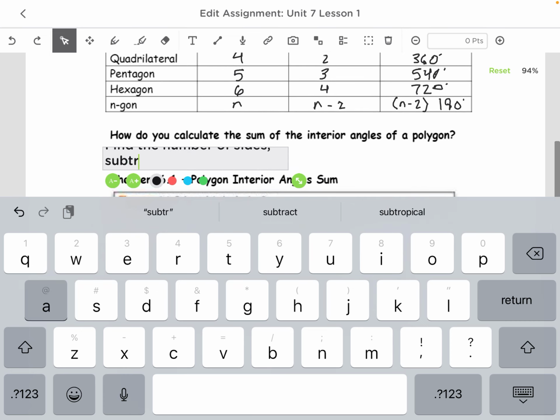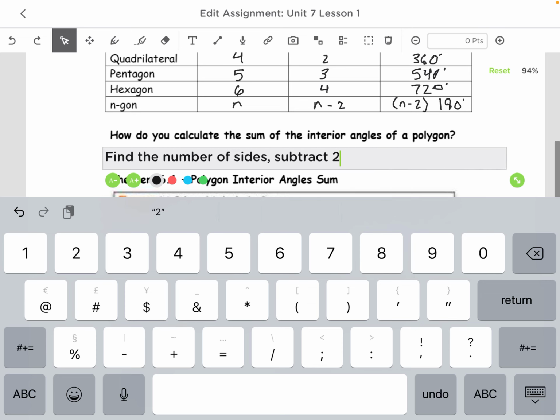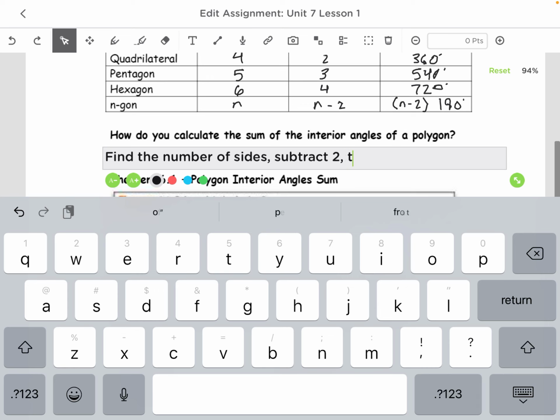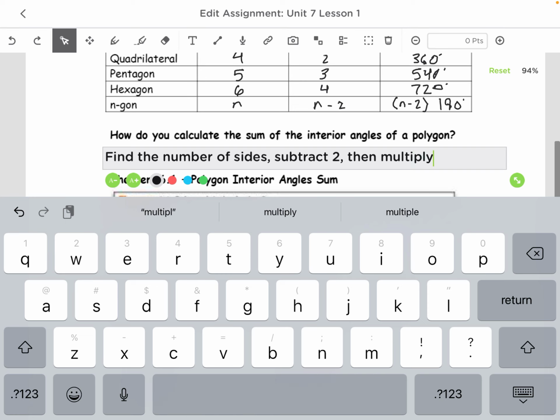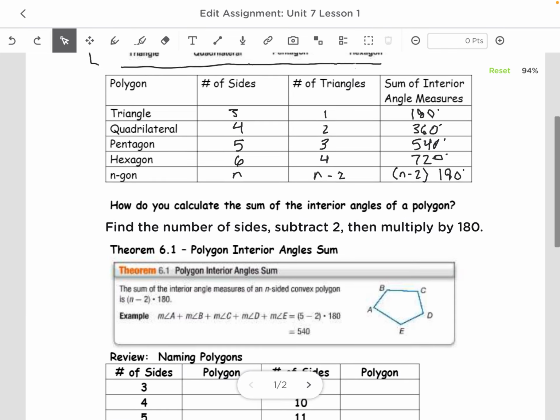Subtract 2. Then multiply by 180. And that's how you find the sum of the interior angles of a polygon. So those are the angles on the inside of your shape.